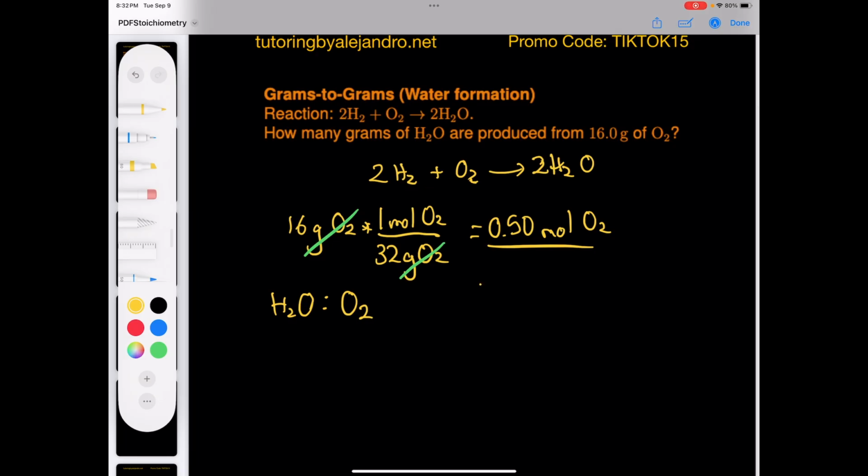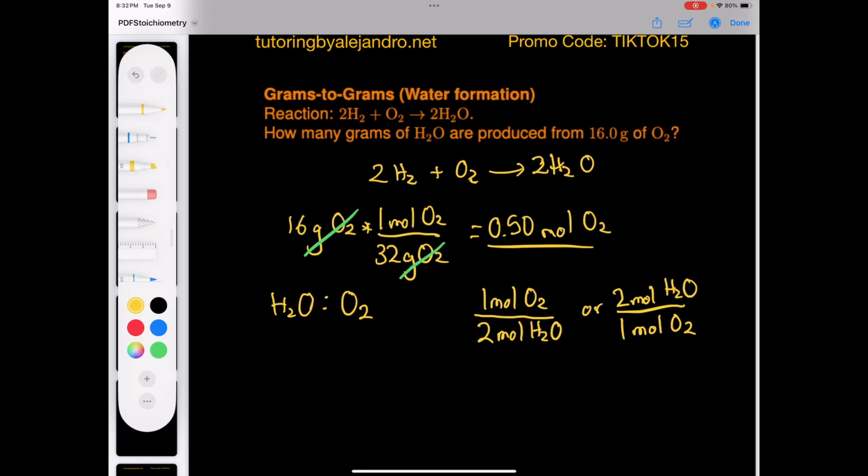So we're saying, based on the equation, that 1 mole of O2, right, generates 2 moles of H2O, okay? Or we can write it the other way, right? 2 moles of H2O are produced from 1 mole of O2, okay? So I can use either of those, depends on the situation.